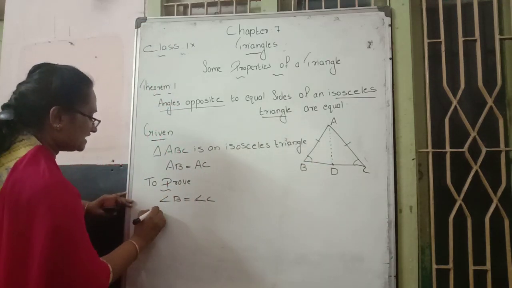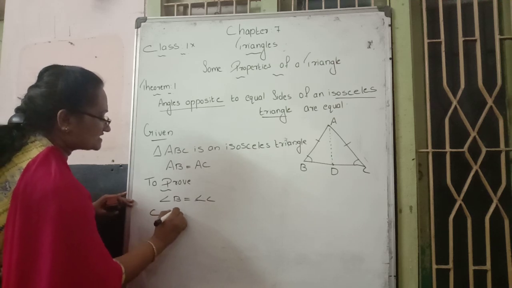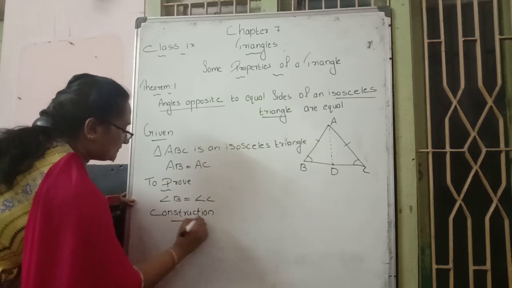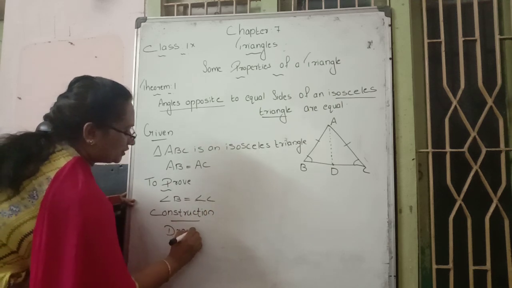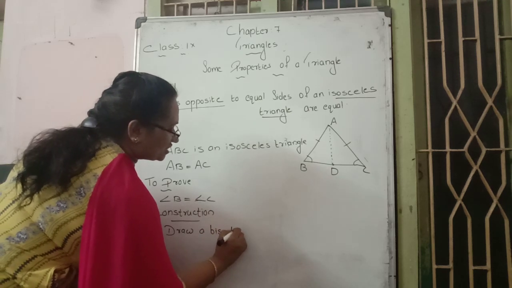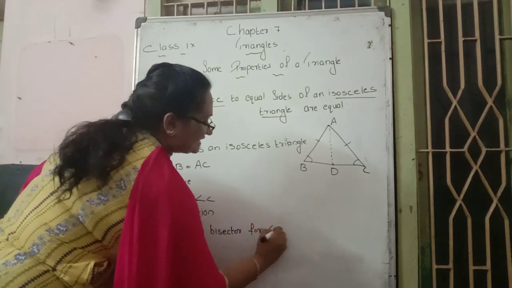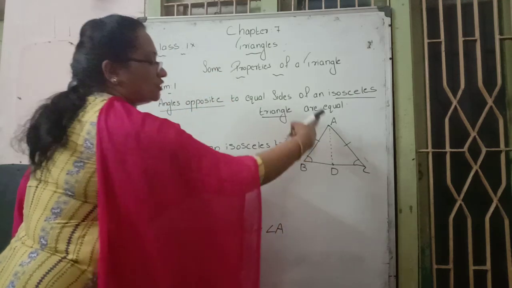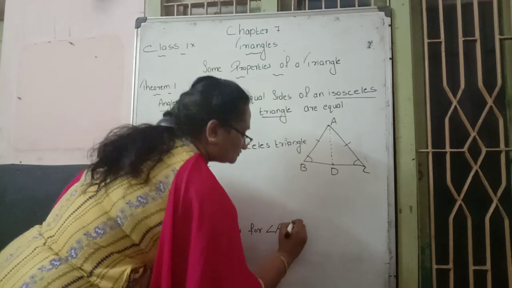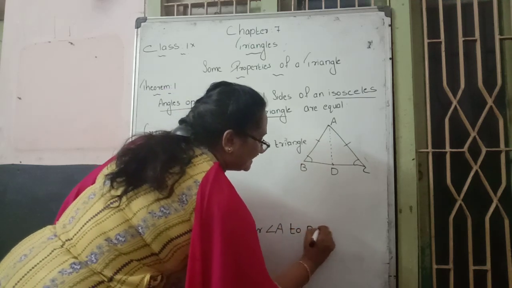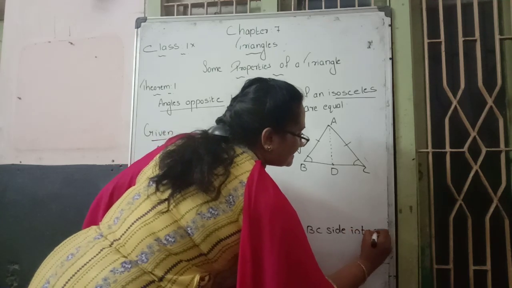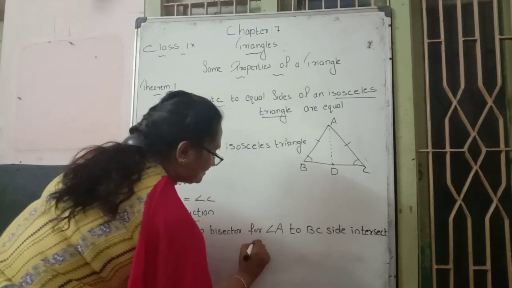So the next, third step, we can write as construction. What construction did we do here? Draw a bisector for angle A, which intersects the BC side at which point?